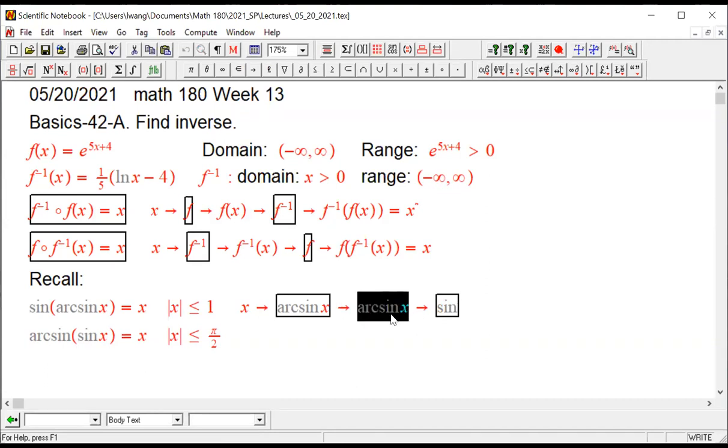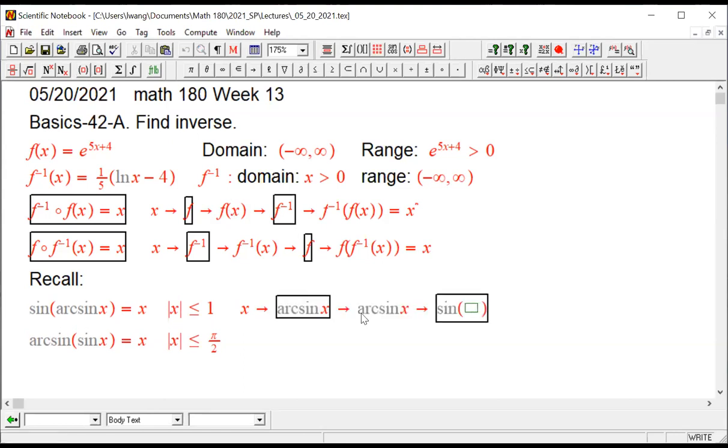Remember, this is an angle, and this is a ratio. We take this angle, between -pi/2 and pi/2, and it produces a ratio, and that ratio is going to be exactly the same as the input.